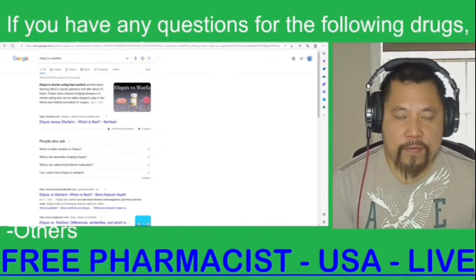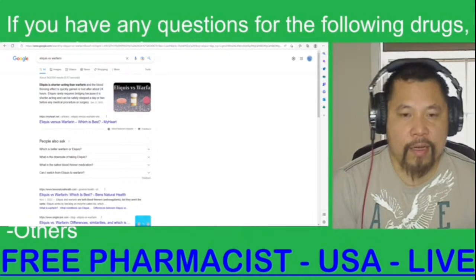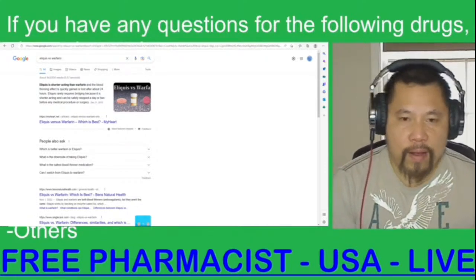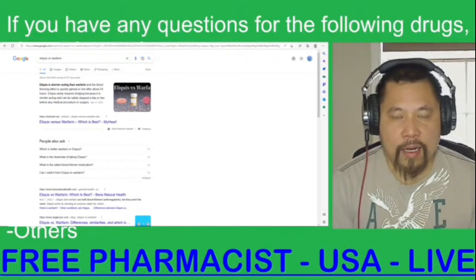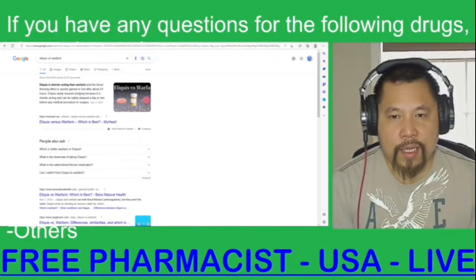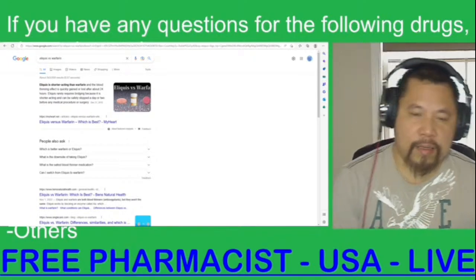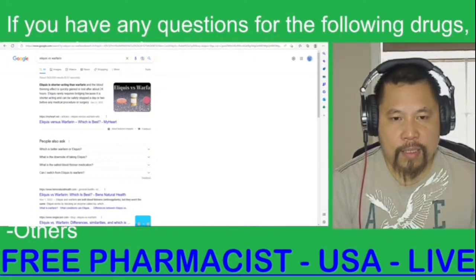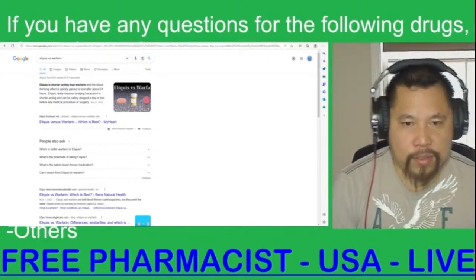If their kidney function, if their creatinine is greater than 2.5, then probably they need to take a lower dose. For certain people, like people on dialysis, they may not be the best candidate for Eliquis. They should stick with warfarin.